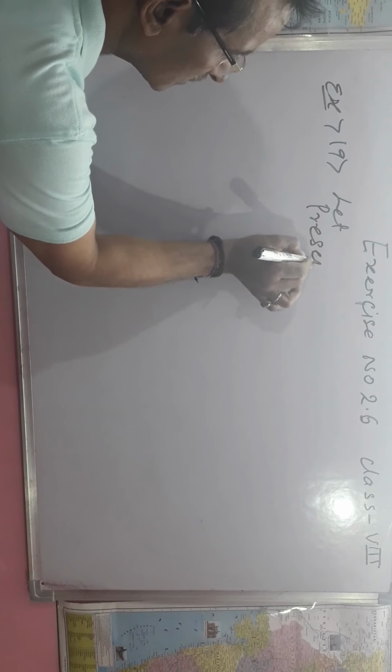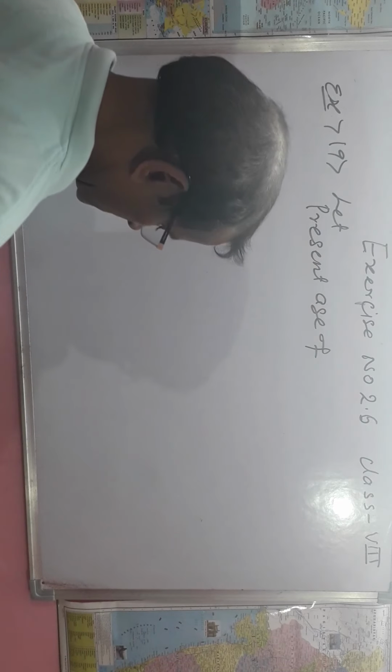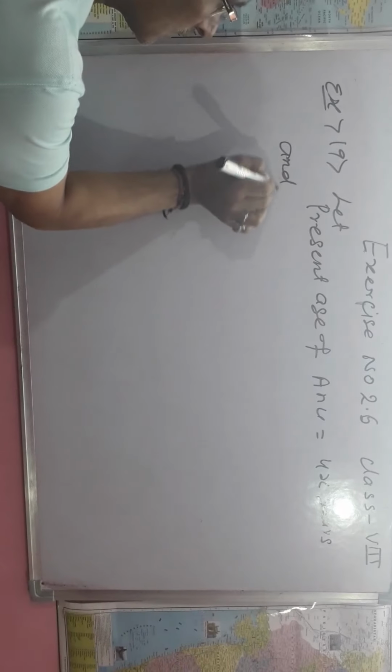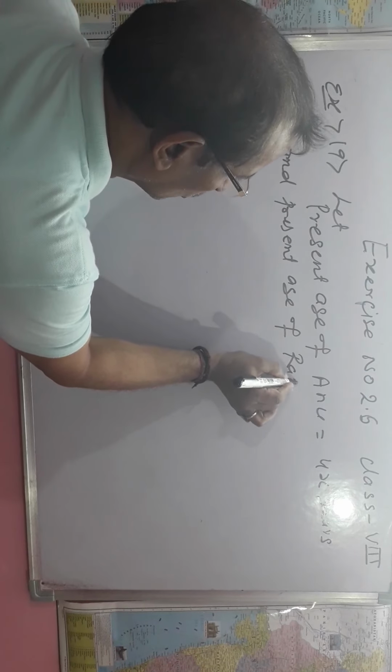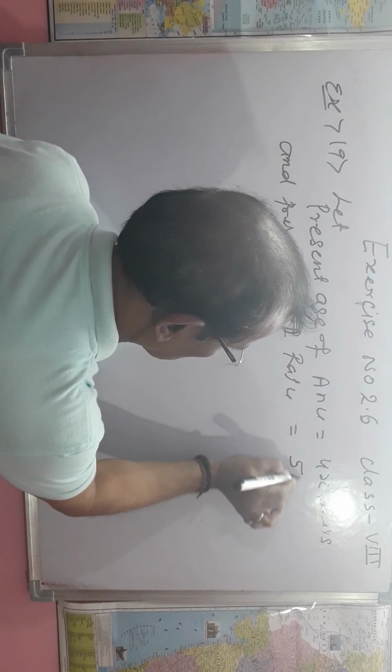Let present age of Anu is equal to 4x years and present age of Raju is equal to 5x years.